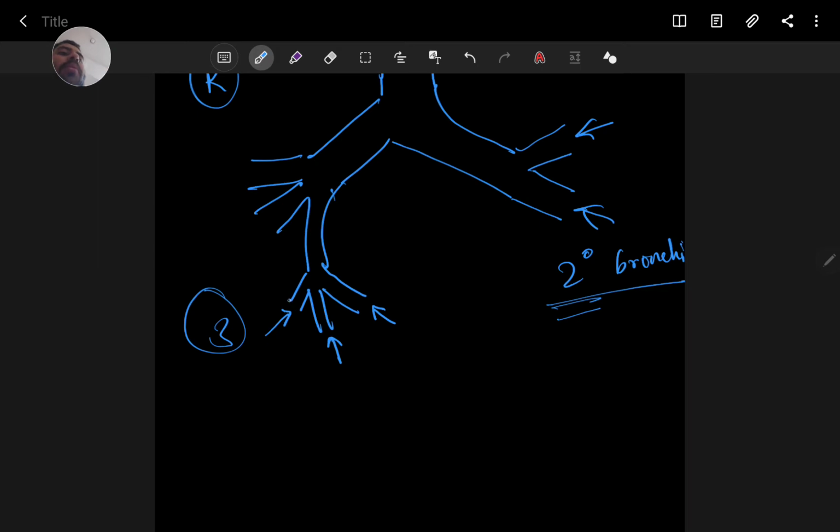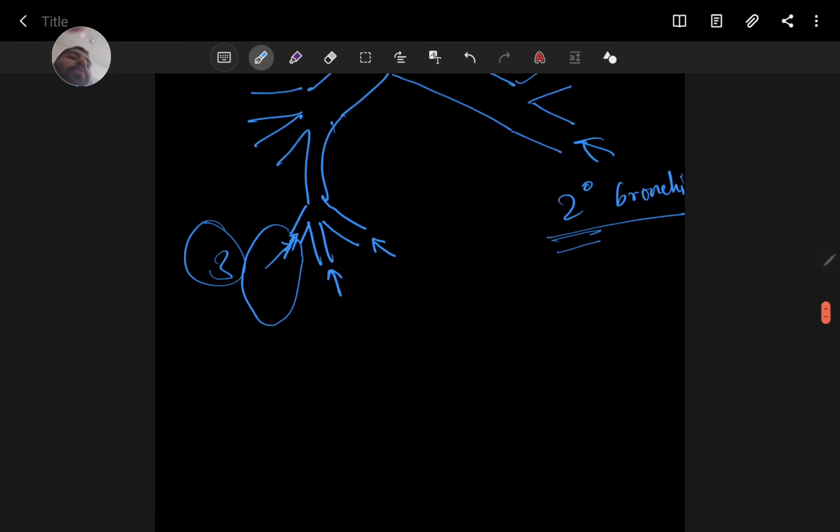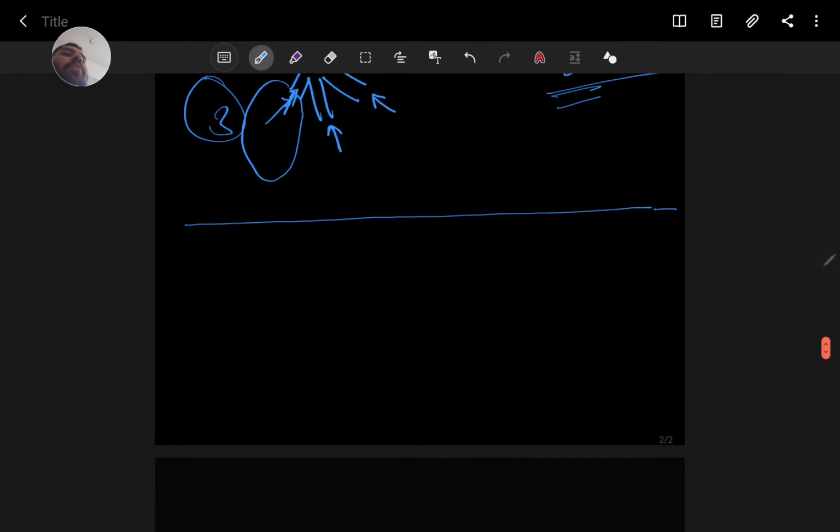So the part of the lung supplied by one tertiary bronchus is a bronchopulmonary segment. This is what a bronchopulmonary segment is: the part of the lung which is supplied by one tertiary bronchus. Very clear. Now let's look at the regions, right?